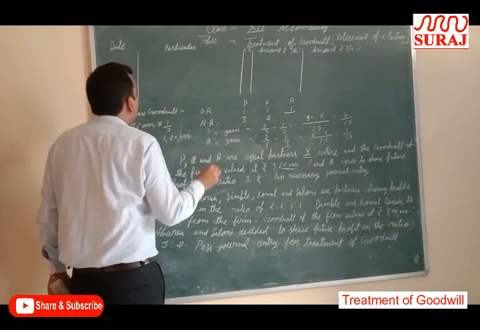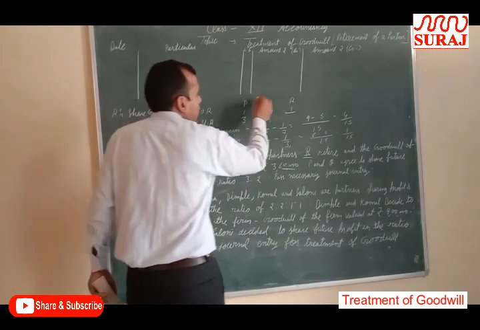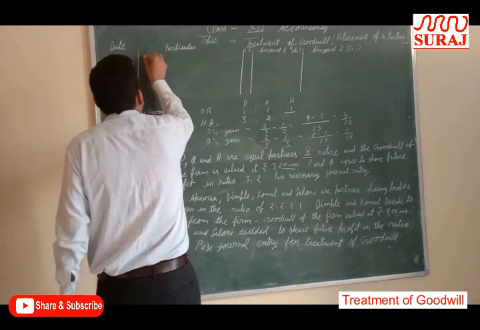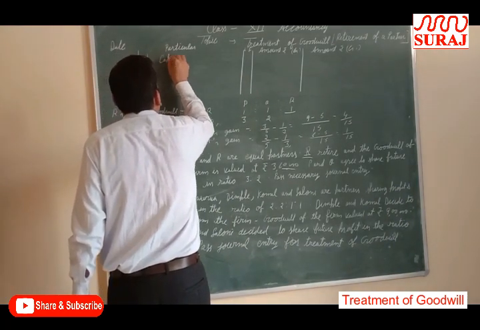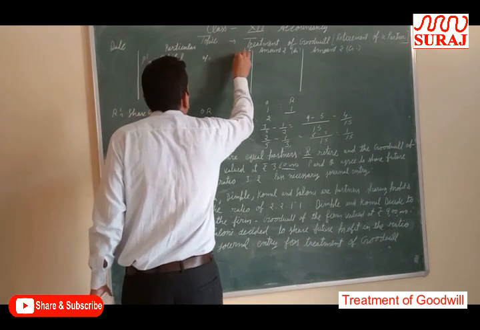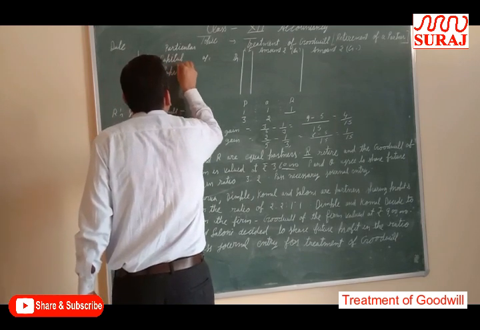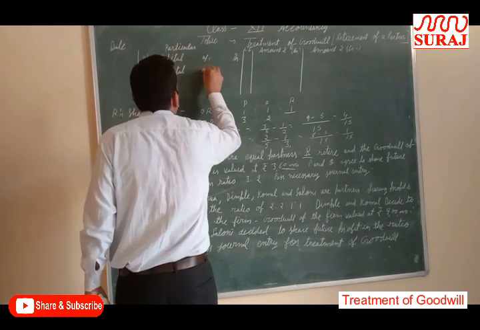Your entry is remaining to retiring. The date is not given. Then P and Q are the remaining partners. Your entry will be passed: P's capital account debit, Q's capital account debit, to R's capital account.